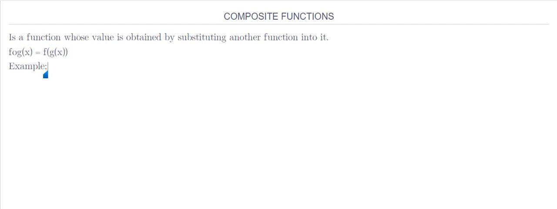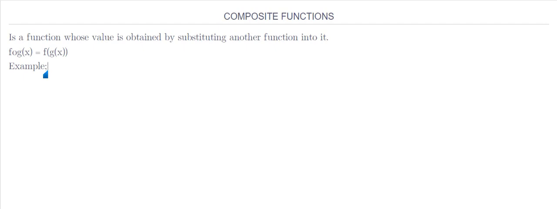So what I'm saying is that for you to find f of g of x, you are supposed to substitute the value of x in the function f. The value of x in the function f is substituted by the whole function g. You'll be able to see that in an example briefly.